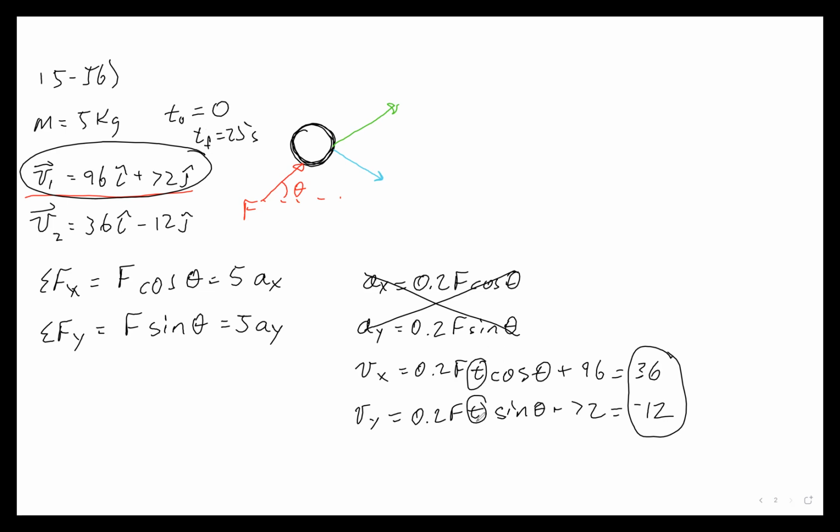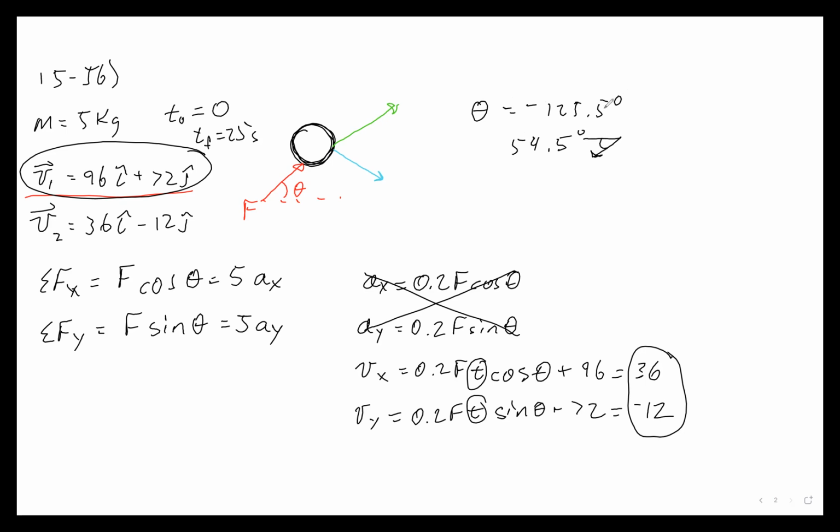And then that leaves us with only unknowns F and theta, ax and ay. That's 4 equations, 4 unknowns. We can solve for this problem. So the final answers are theta is equal to negative 125.5 degrees, or you could write it as 54.5 degrees below the negative x-axis.